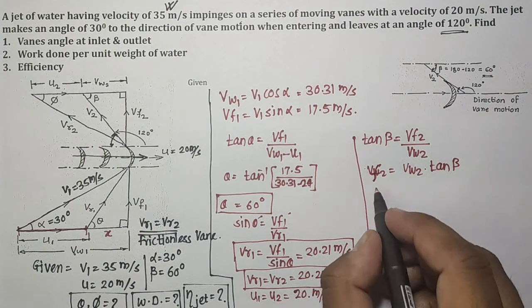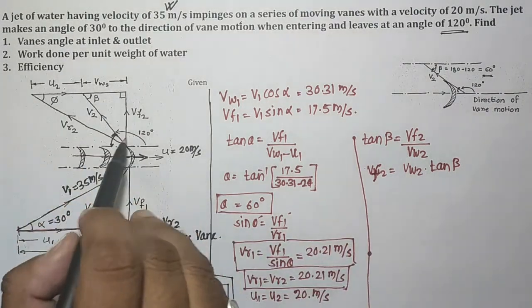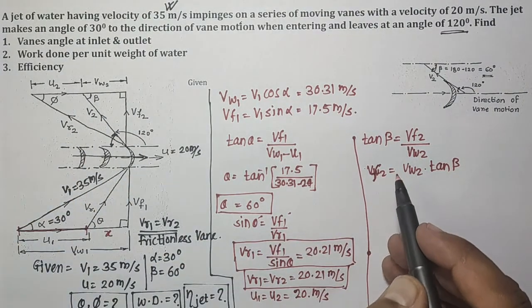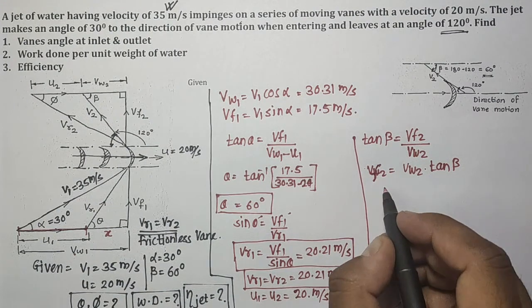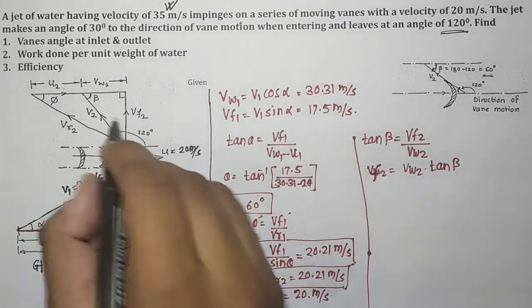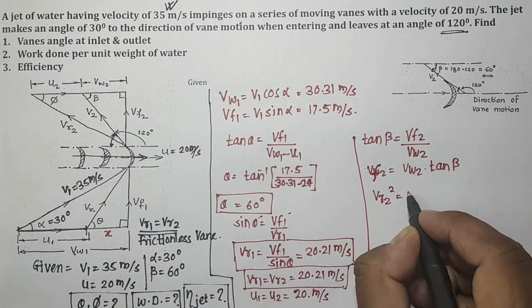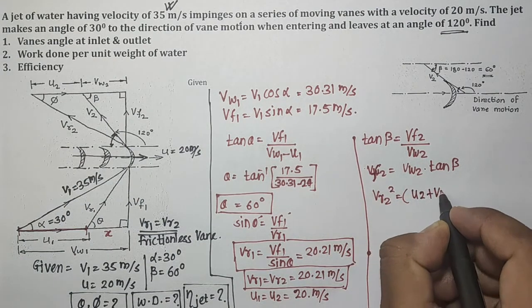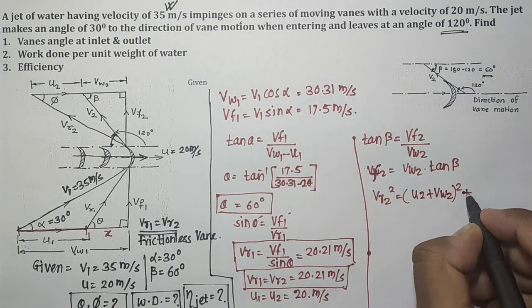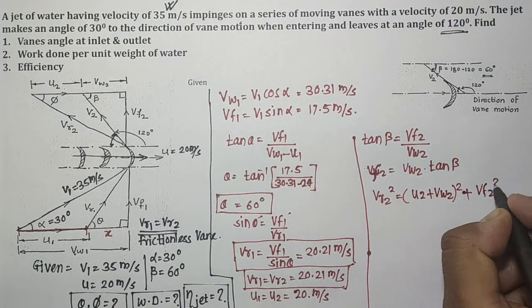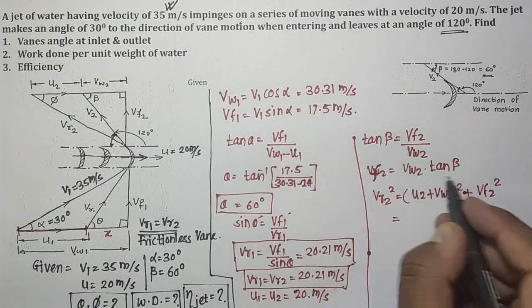Now from this whole outlet triangle, applying Pythagoras theorem, we will have VR2 square is equal to (U2 plus VW2) bracket square plus VF2 square. VF2 is nothing but this value.